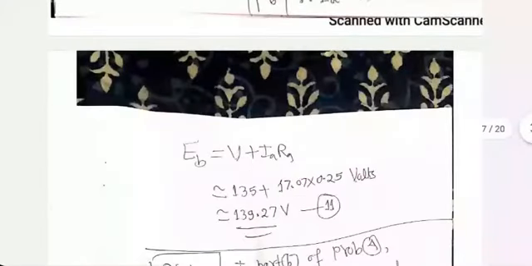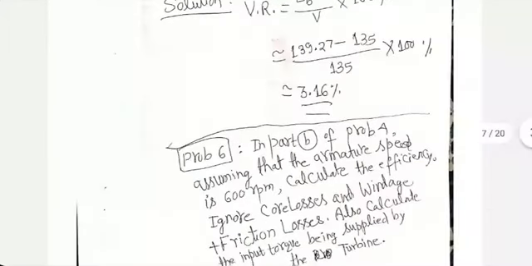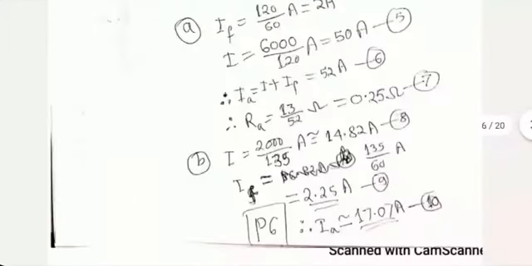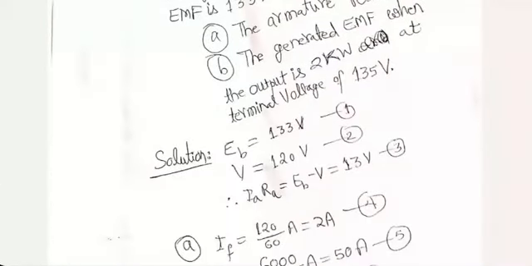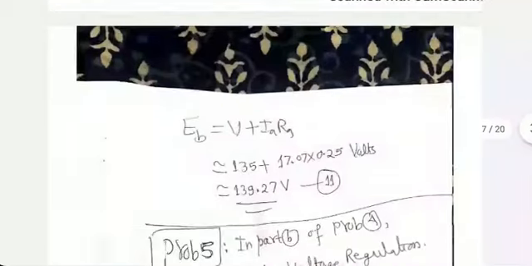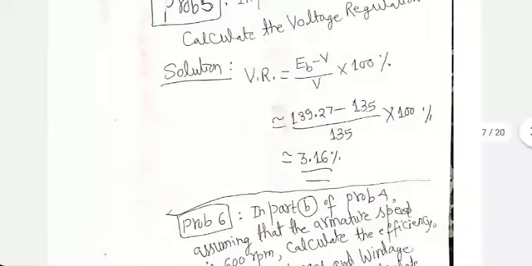So this will be the no load voltage because there will be no losses in the windings. 139.27 minus the full load voltage, which is given as 135 volt, and then the whole thing divided by full load voltage, which is 135 volt. Multiply the result by 100 to get percentage value. So voltage regulation turns out to be 3.16% approximately, which is good enough.